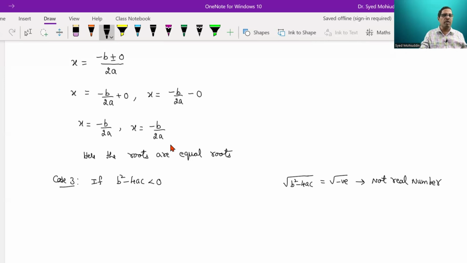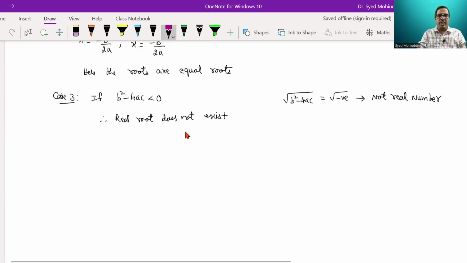If it is not a real number, we call this a complex number. So if it is not a real number, then we don't have a real root. Therefore, a real root does not exist.